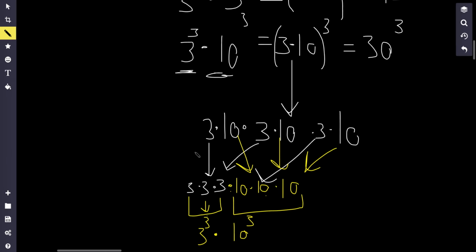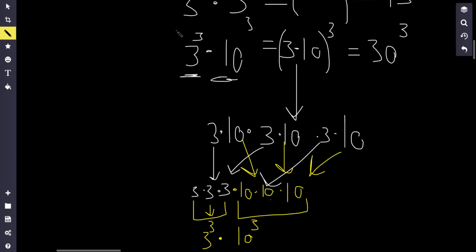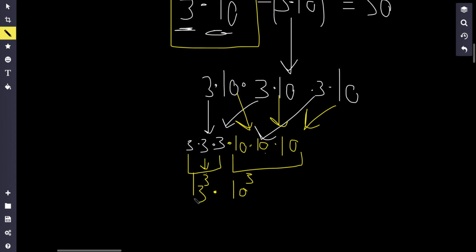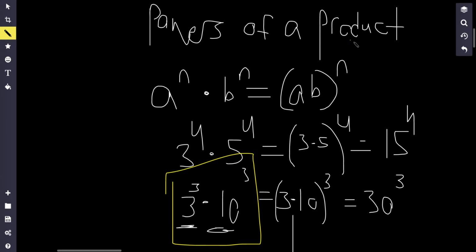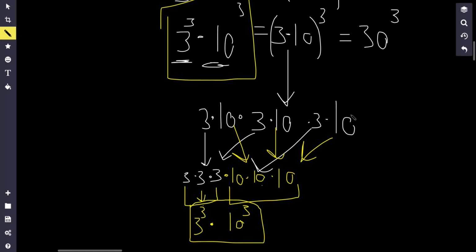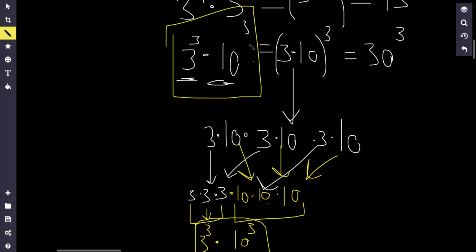Our original expression was 3 to the 3rd power times 10 to the 3rd power, and we managed to get back to that spot. So the reason this power of a product rule works is because multiplication is commutative and it doesn't matter what order you multiply in, so you're able to manipulate this expression so that it's equivalent to your original expression.